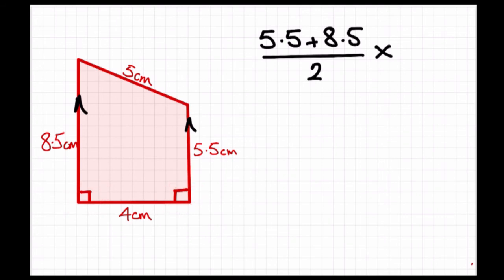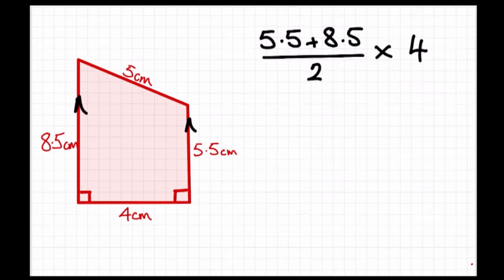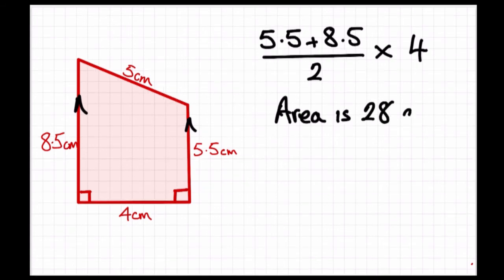So I need to multiply that by 4. So let's see, 5.5 plus 8.5 is 14. Divide that by 2, that's 7. Multiply the 7 by the 4, and that will give me 28. So the area is 28 centimeters squared.